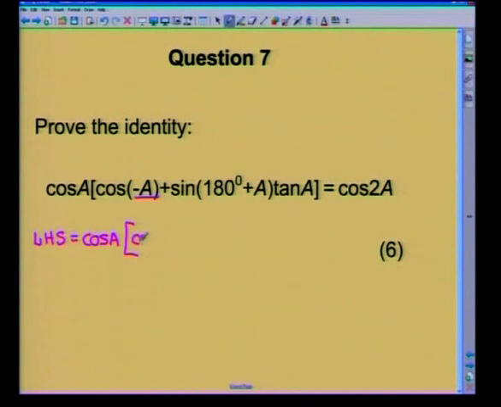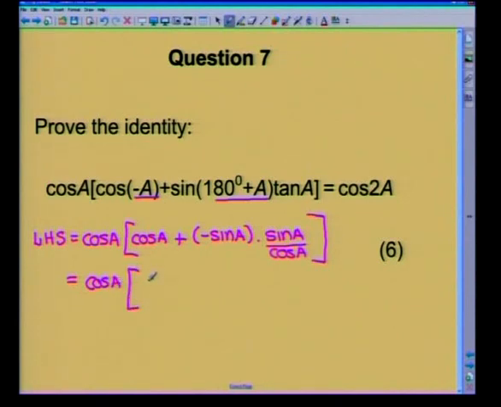It's fourth quadrant, so it's the same as saying cos A. Over here, I've got sine of 180 plus A, which I know is the same as saying minus sine A. And here I've got tan, which is the same as saying sine A over cos A. Right, so I've got cos A. This is cos A. A minus times a plus is a minus. That's going to be sine squared A over cos A.